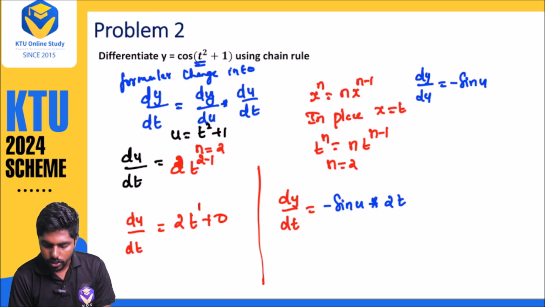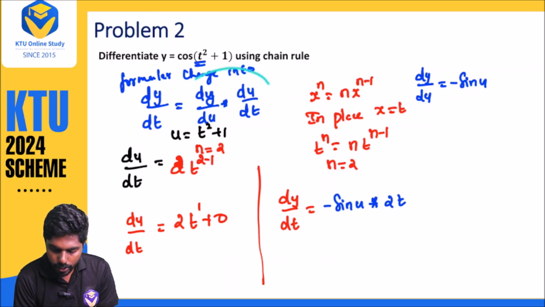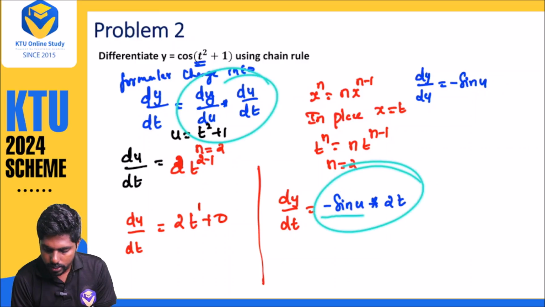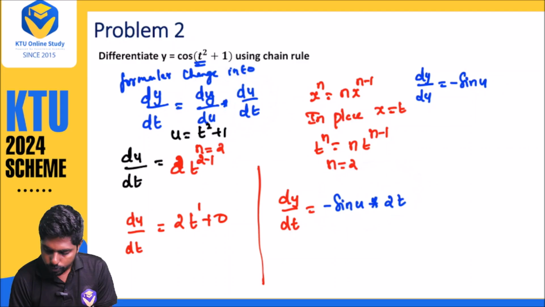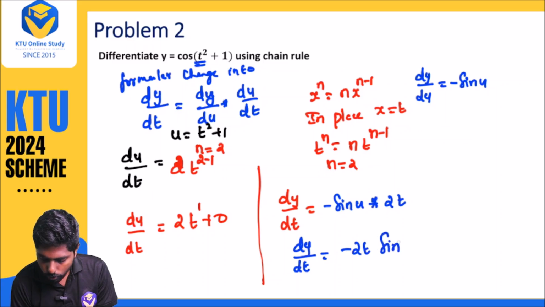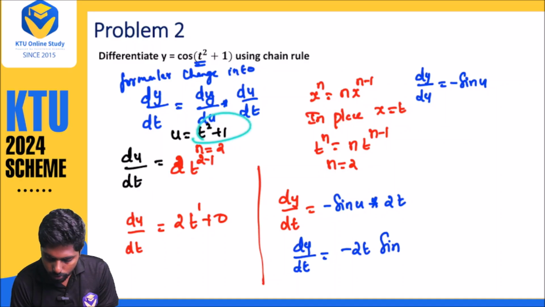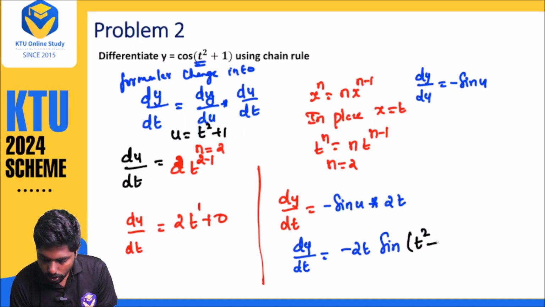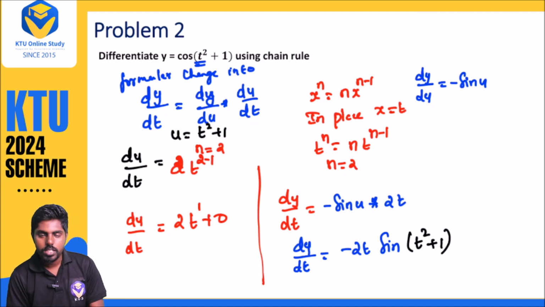So using the formula, I have written it this way: minus sin u into 2t, where 2t is du/dt. So dy/dt is equal to minus 2t into sin u. What is u? u is t square plus 1. So this is the formula of it.